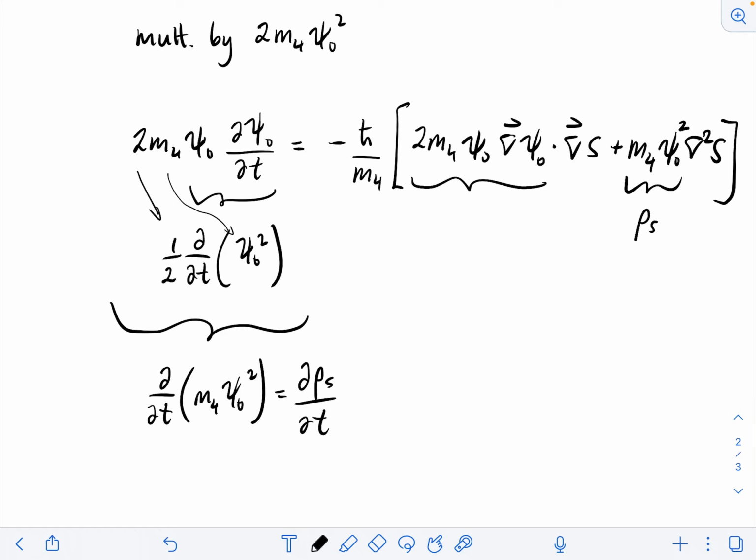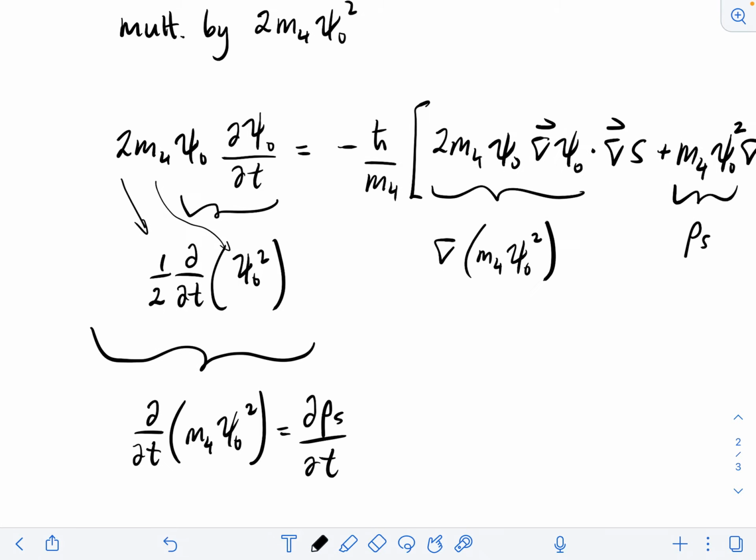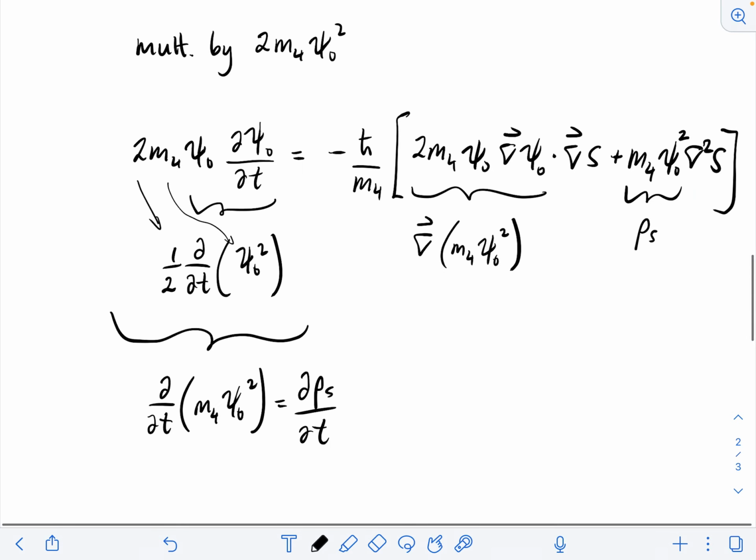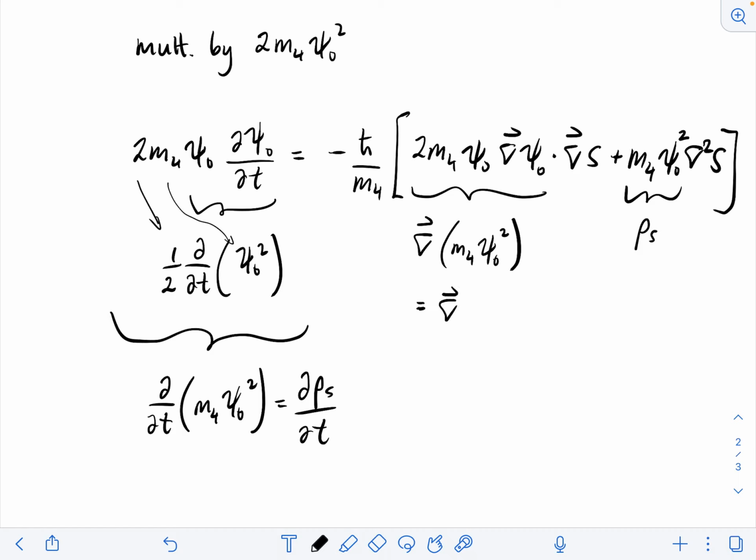This is all equivalent to the gradient of m4 phi 0 squared. Sorry, I don't know why I put a square there. This is just a gradient. Okay, and so that's just equal to the gradient of rho s.